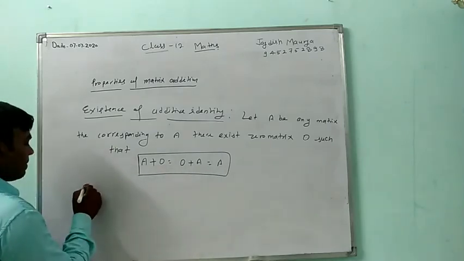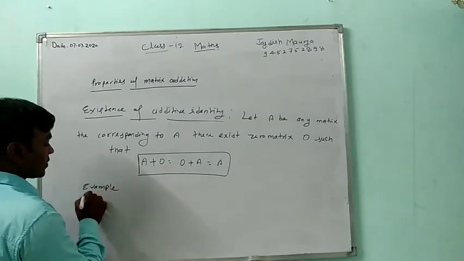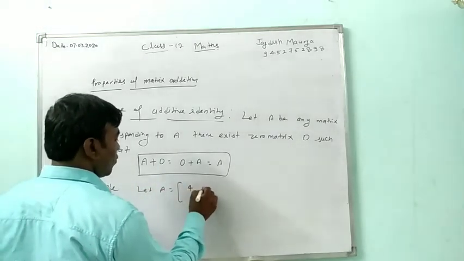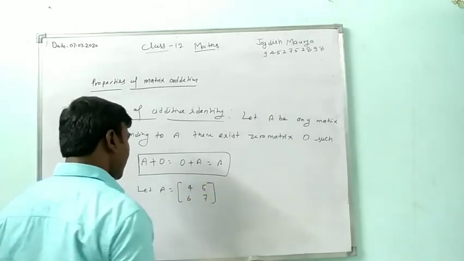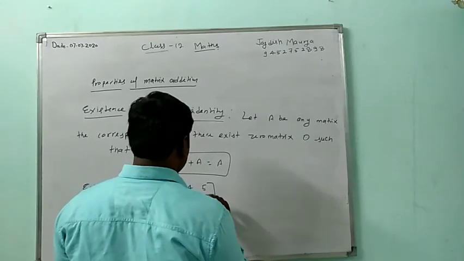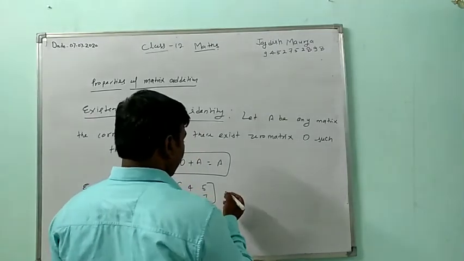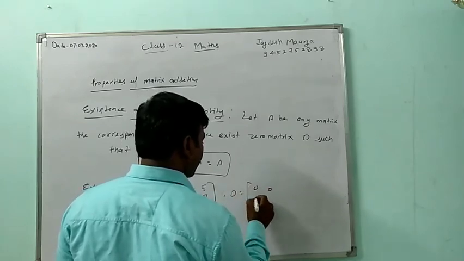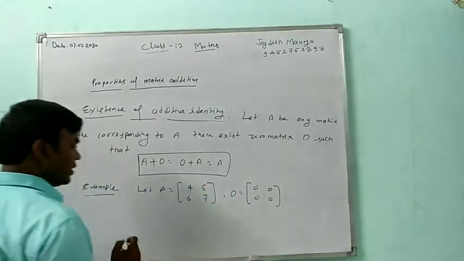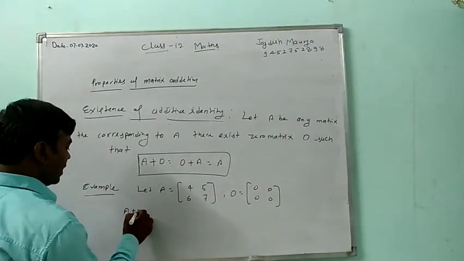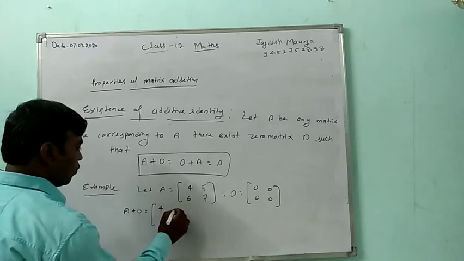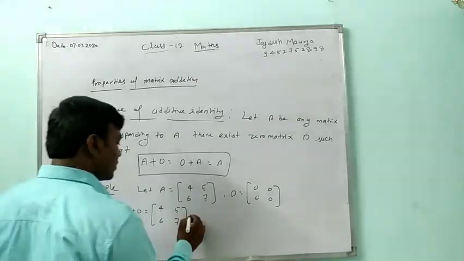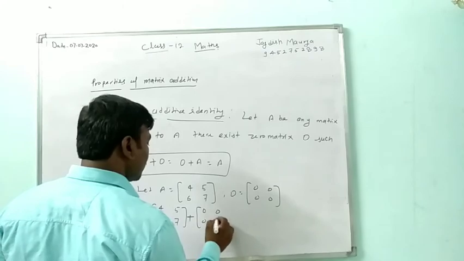For example, let A equal to 4, 5, 6, 7 is a matrix and corresponding to A there exists matrix O, 0, 0, 0, 0 of same order such that A plus O equal to 4, 5, 6, 7 plus 0, 0, 0, 0.